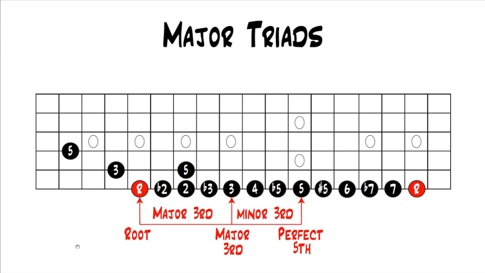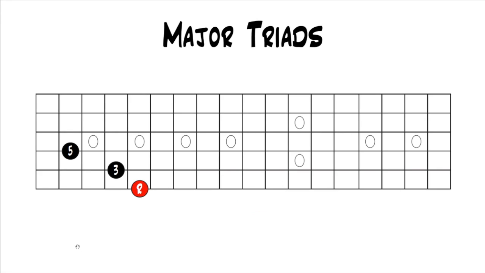So here's what a major triad looks like played on the 6th, the 5th, and the 4th string. And we'll talk about playing these on other string sets in other lessons, but for right now you just need to look at it the way I'm showing it from the 6th, the 5th, and the 4th string. So again, hopefully you can see that this is a major third interval shape that we talked about in a previous lesson.